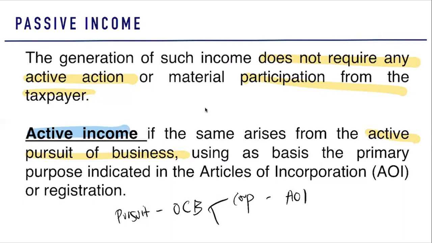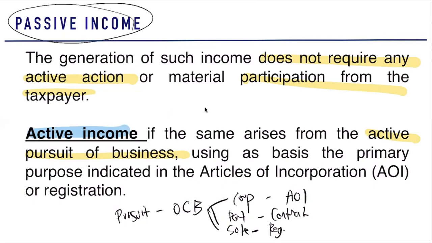If that is a partnership, it is based on the contract of partnership. How about if that is a sole proprietorship? Normally, it is based on the registration. It is in the business registration wherein we can see the normal pursuit of the business, or the ordinary course of the business. Take note, if there is no effort, normally we call that passive income. If there is effort based on the active pursuit of the business, we call that an active income.